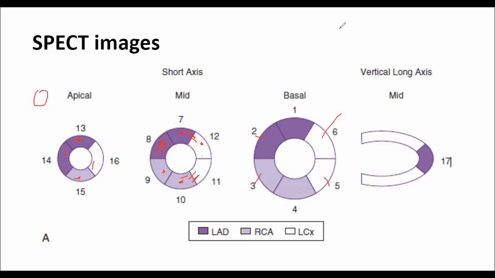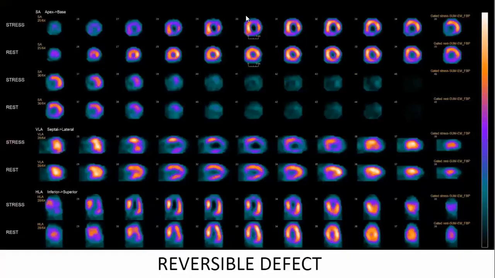Everyone understand this? So when we have a perfusion defect, how are we going to describe it? Where it is present, like this.